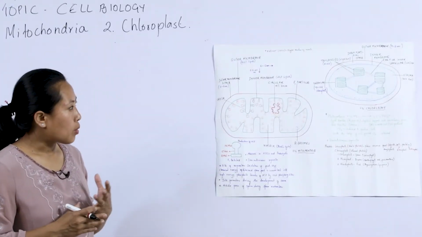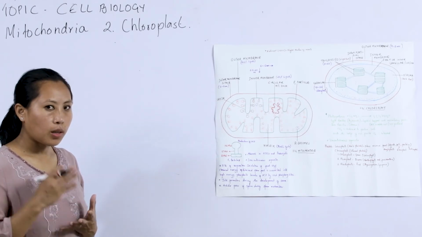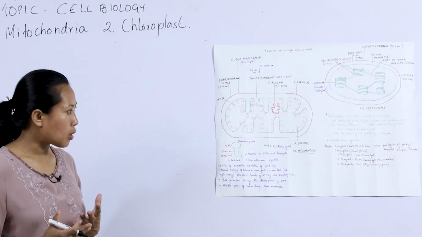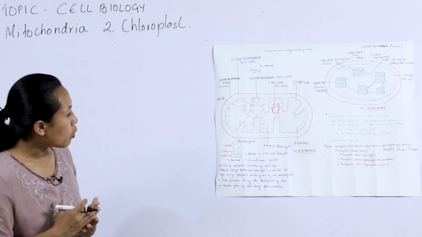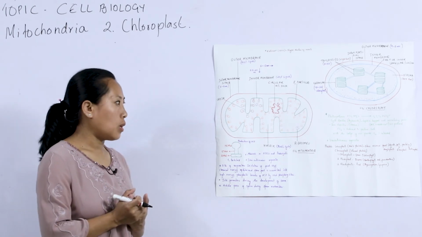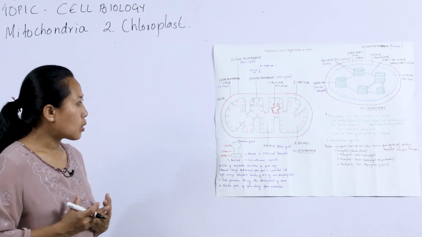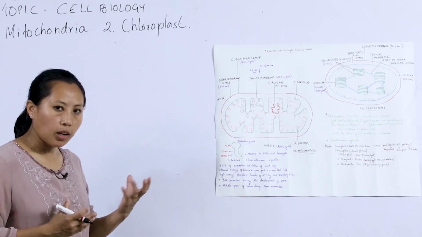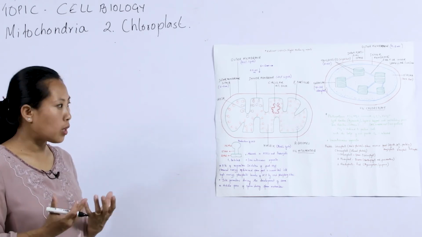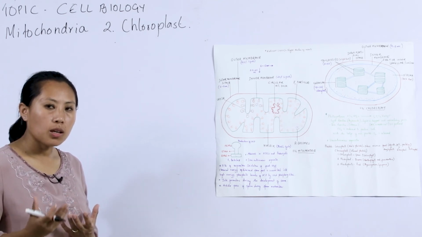Chloroplasts are green colored plastids because of the pigment chlorophyll, and they are present in the leaves and green parts of the stems. The main function of chloroplast is photosynthesis. We all know that green plants prepare their own food in the presence of sunlight and the pigment chlorophyll, taking carbon dioxide from the atmosphere and water from the soil, and in due course carbohydrate is produced, releasing oxygen.